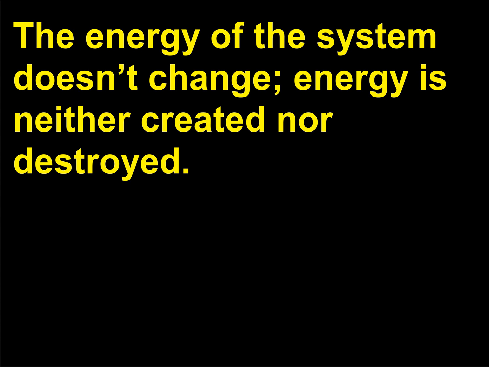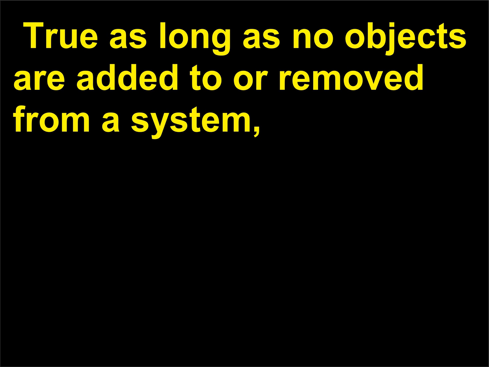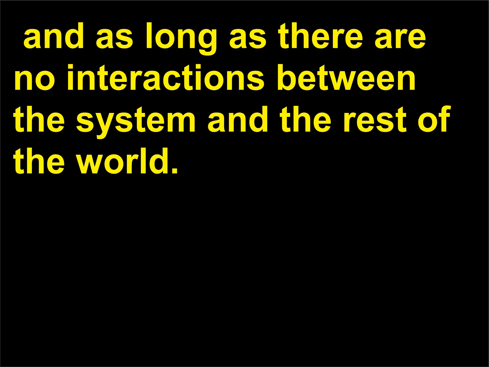The energy of the system doesn't change, energy is neither created nor destroyed. The energy put into a system equals the energy change in the system plus the energy leaving the system. True as long as no objects are added to or removed from a system, and as long as there are no interactions between the system and the rest of the world.